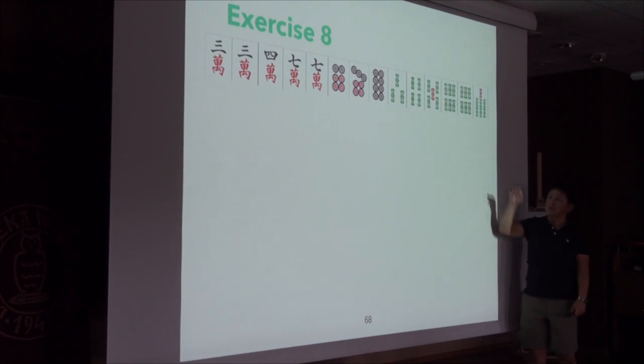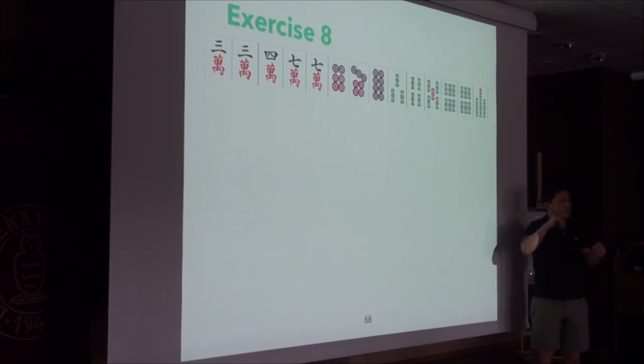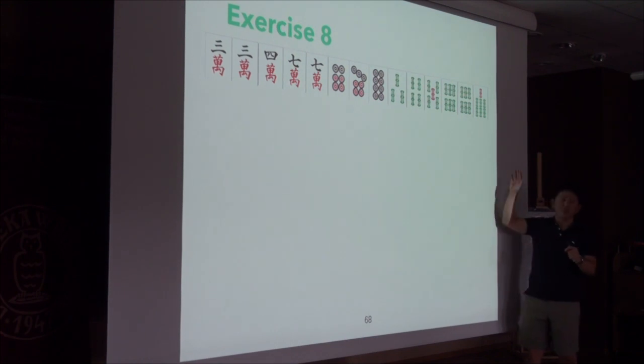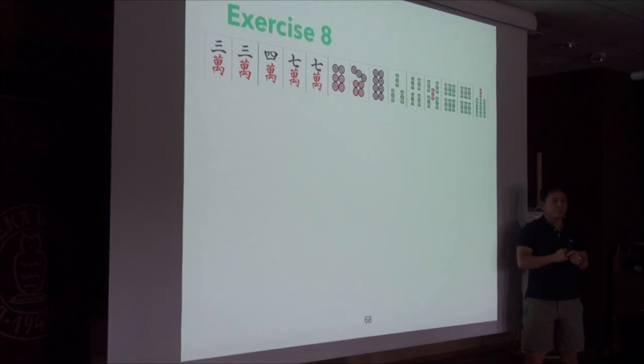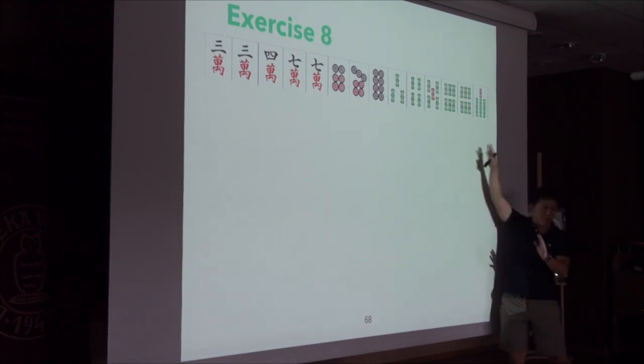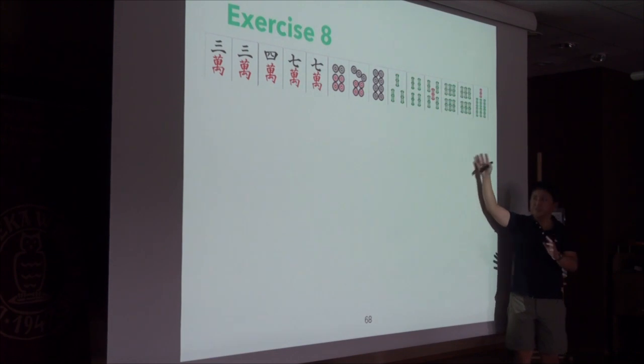So supporting tiles are meant for weaker blocks, right? So the question now is which blocks are weaker? The weakest block here is 3, 3, 4 man. Right. So that means we should keep both 3. Blocks are strong, right? Yes. There is no weak block, but there is a weaker block.